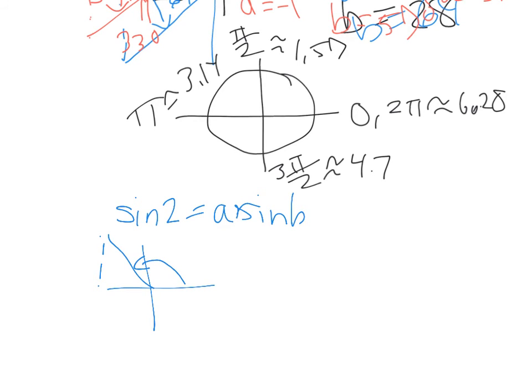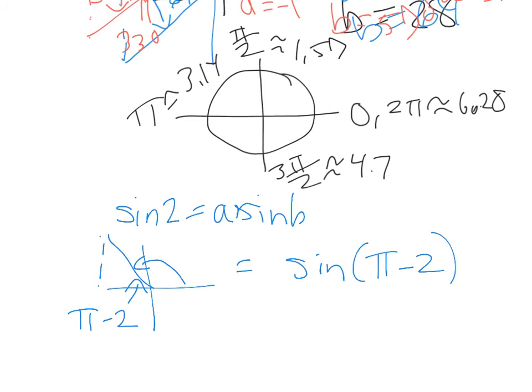So I'm interested in this angle here in terms of radians. So instead of doing 180 minus something and getting a nice number, I'm just going to leave this as 180 in terms of radians, which is pi, minus 2. So doing the sine of 2 is the same as doing sine of pi minus 2.